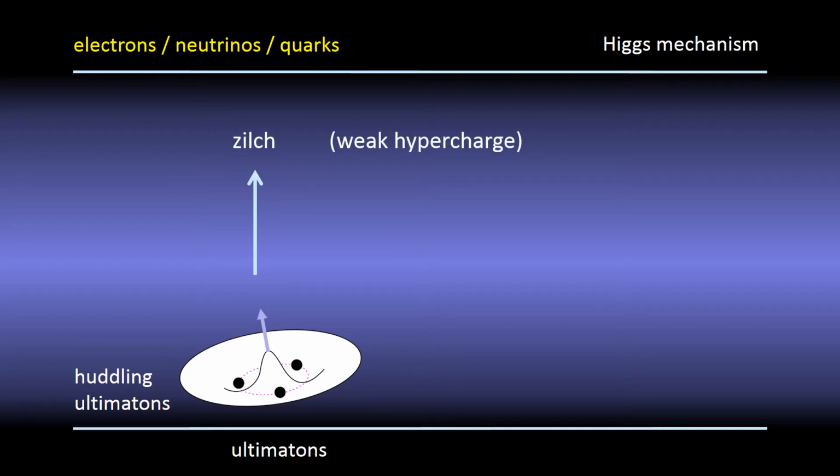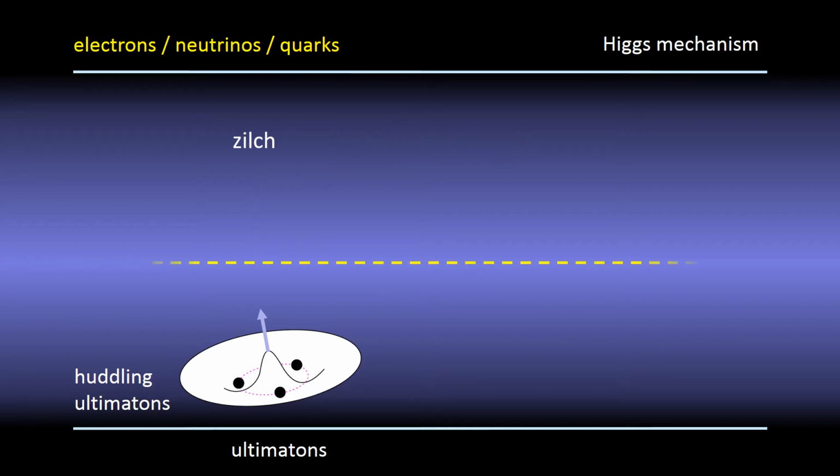For argument's sake, let's say these primitive ultimatonic structures exist at, or even define, the so-called Planck scale. Then notice what we have. Something that's Planck-sized and quantized and spinning. Which makes you wonder, is this where Planck's constant comes from?